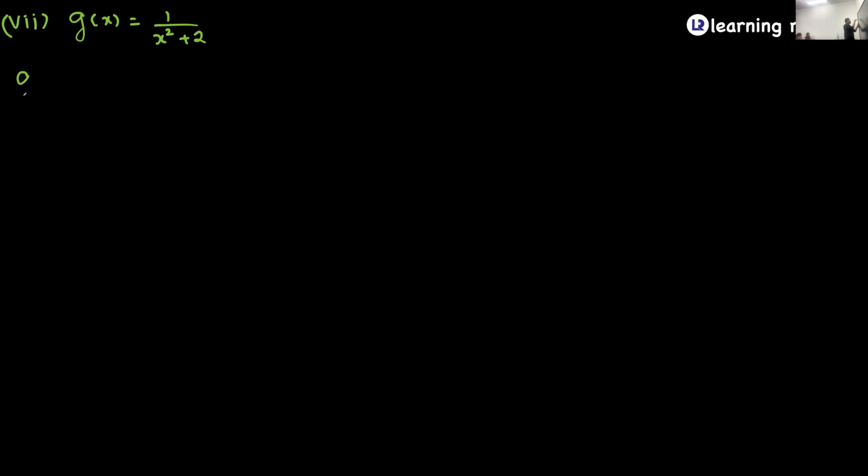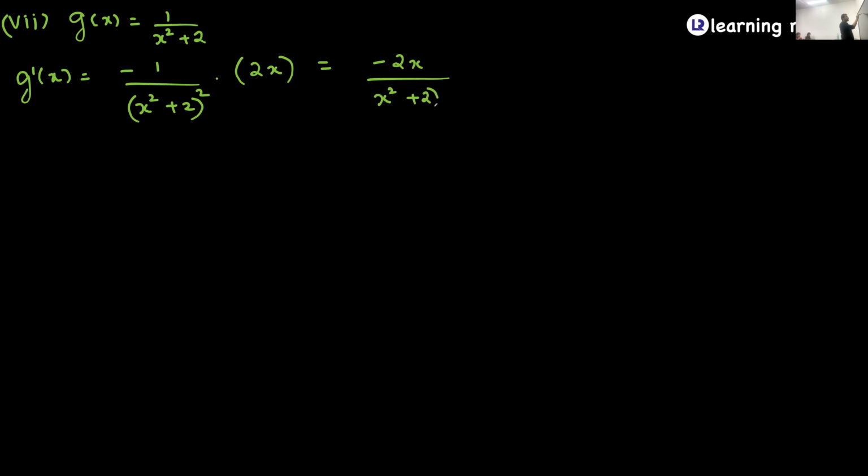So what is g dash of x? Minus 1 divided by x square plus 2 the whole square into derivative of x square plus 2, which is going to be 2x. Clear with this? Right. So this will be minus 2x divided by x square plus 2 the whole square.